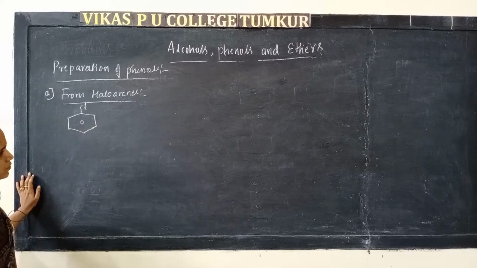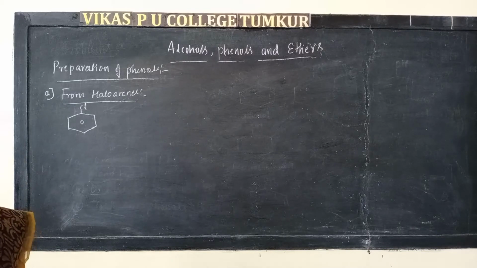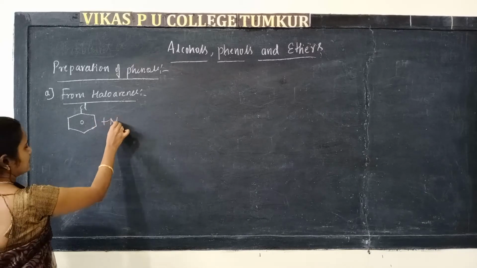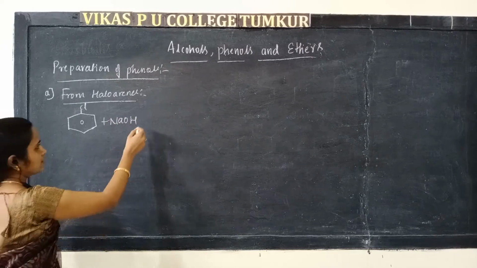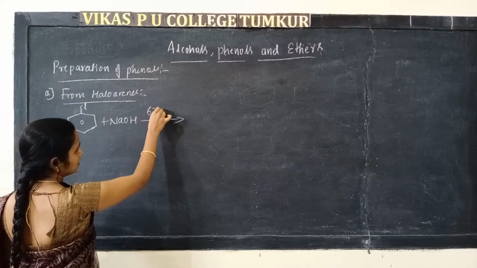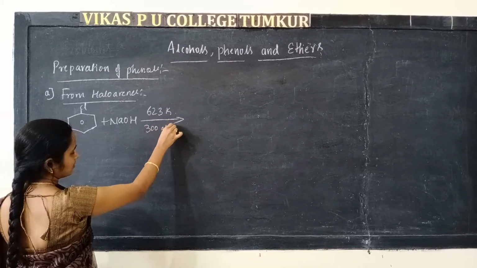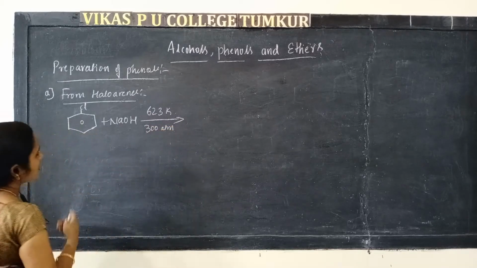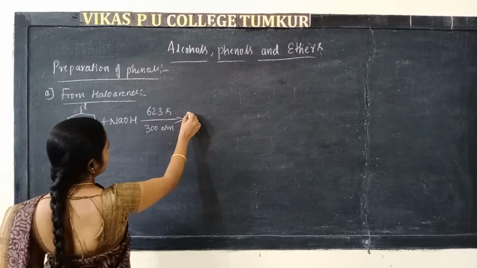Chlorobenzene is treated with sodium hydroxide, NaOH, at a temperature of 623 Kelvin and 300 atmospheric pressure. At that time, sodium phenoxide is formed.